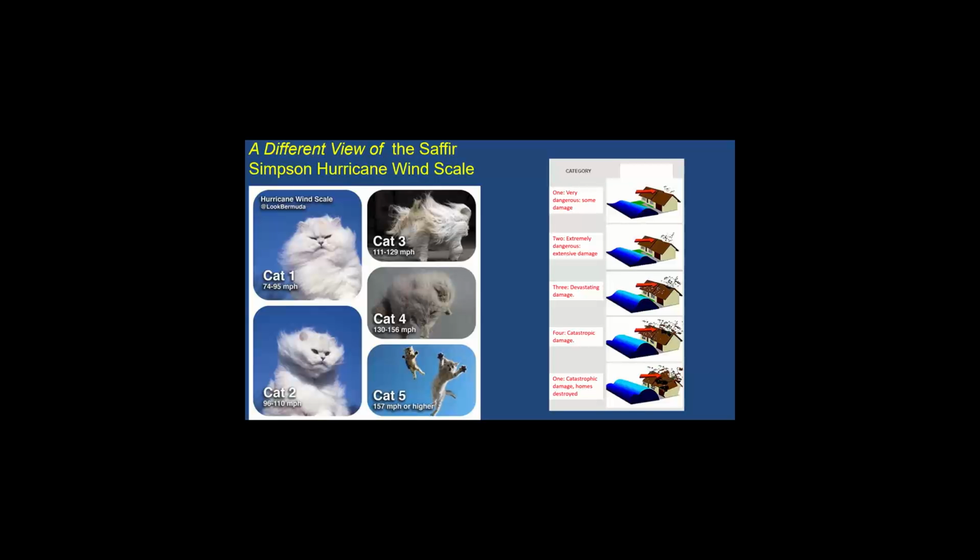A Category 4 would be like Laura that occurred in southwest Louisiana. We'll talk about Laura later on. And then, God forbid, a Category 5, that should read 5 there in the lower right. That's pretty much total destruction near the eye wall as it passes through.